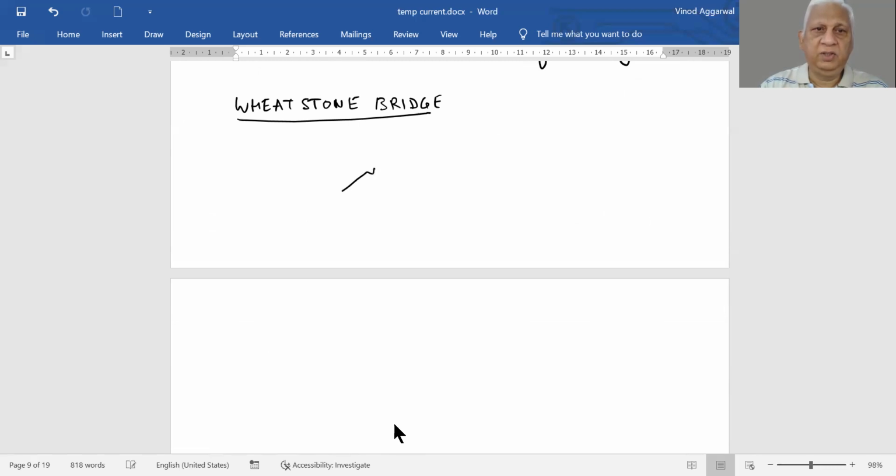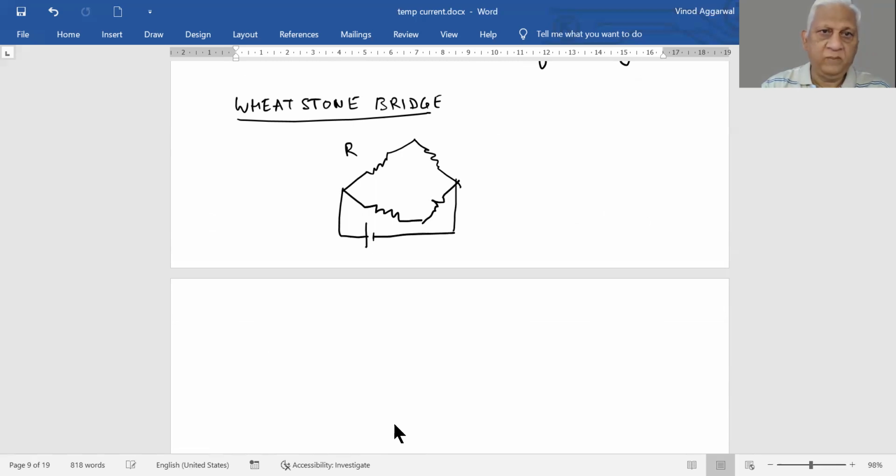You take 4 resistors, connect to a battery, RA, RB, RC, RD.